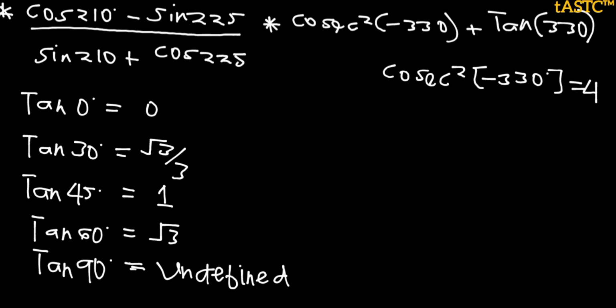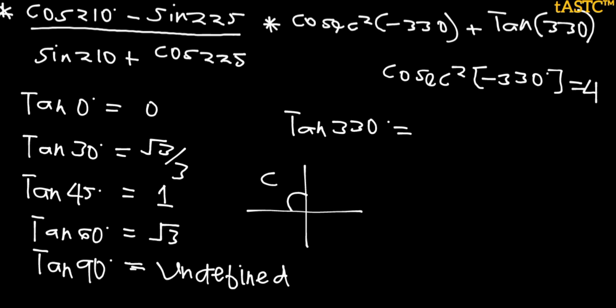Now let us go further to find out tan 330. Now tan 330, just as usual, 330 is actually within this quadrant. So that has only the cosine to be positive. That means tan is going to be negative.